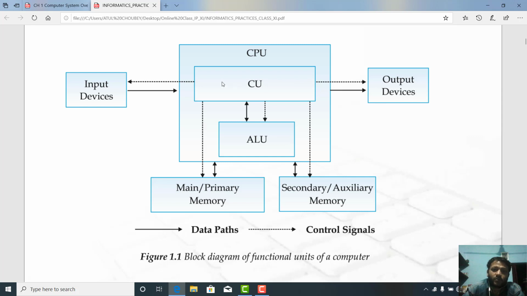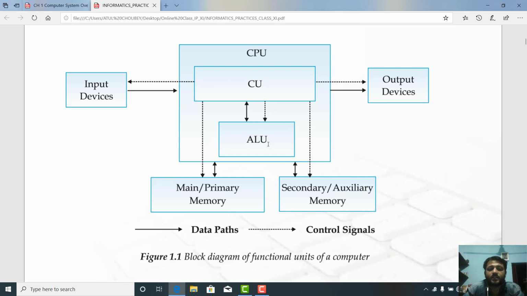Okay. So look at the flow. Means an input device: by the input device CPU gets the data, and that is controlled by the CU and performs some logical operation by the ALU, and it is stored into the memory unit and then gives output.